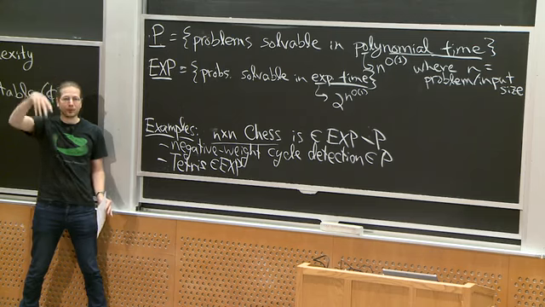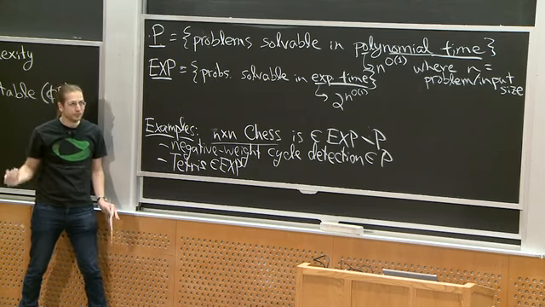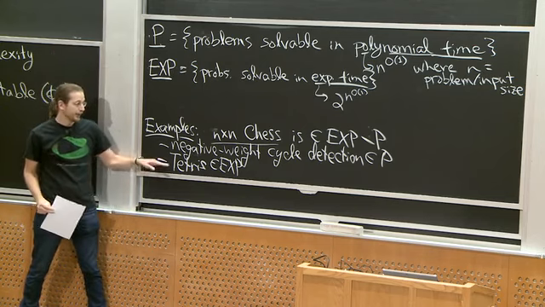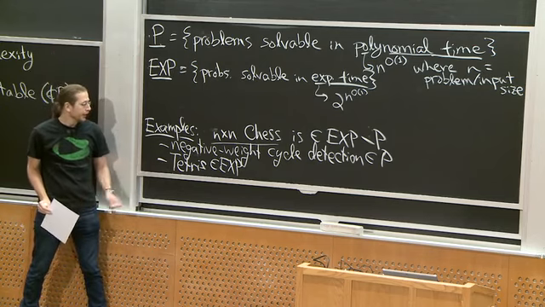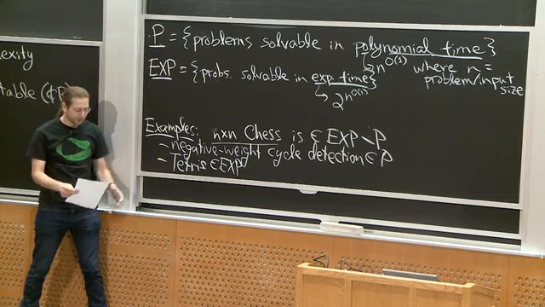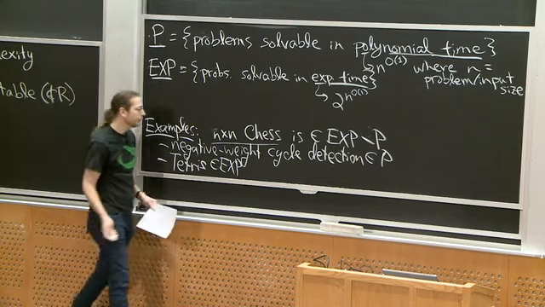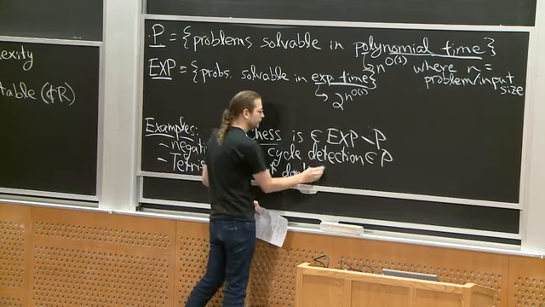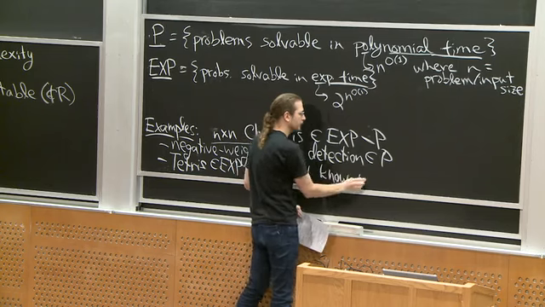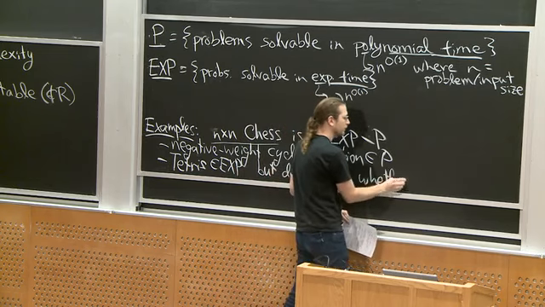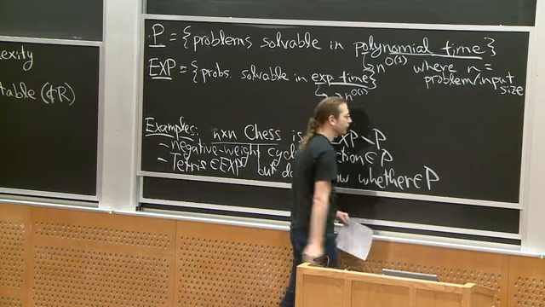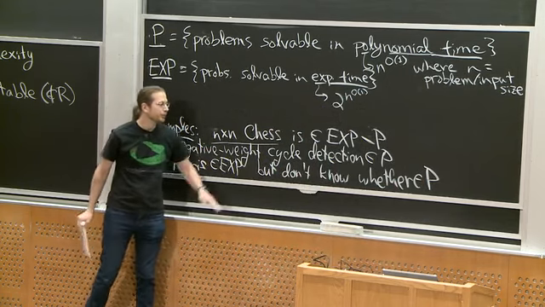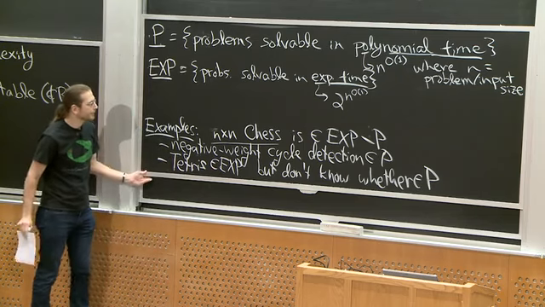Can you place each of these pieces as they fall such that you never overflow the top of the board on an n by n board? This problem can be solved in exponential time, but we don't know whether it can be solved in polynomial time. We will talk about that more in a moment. It's a problem that very likely is not in P, but we can't actually prove it yet.